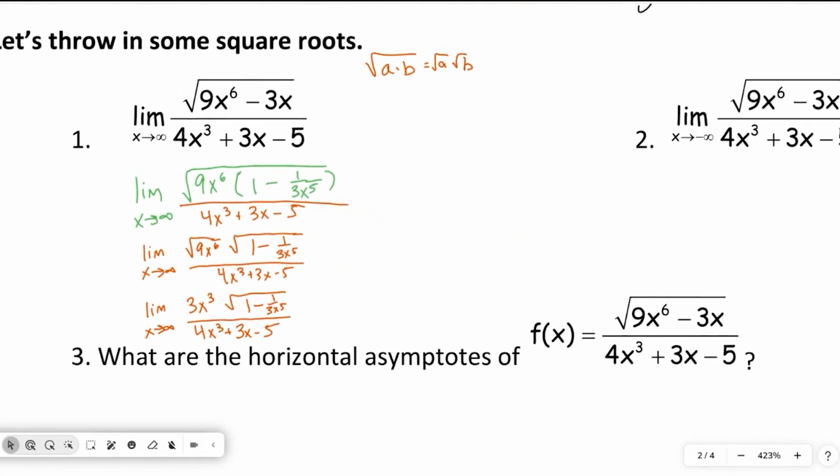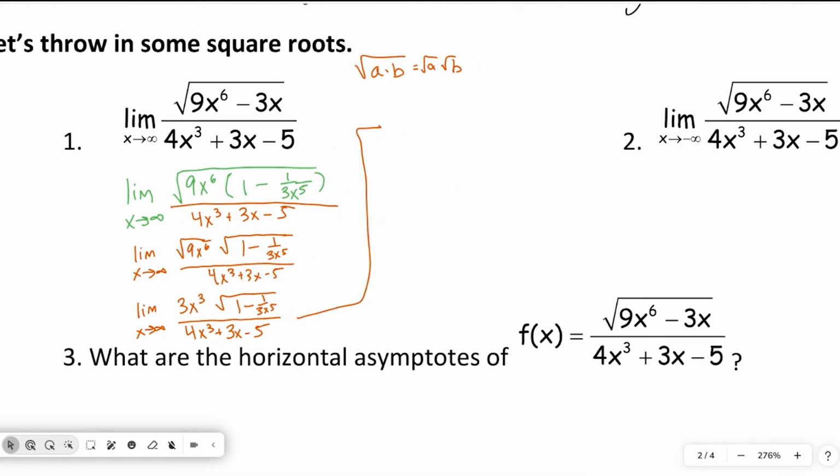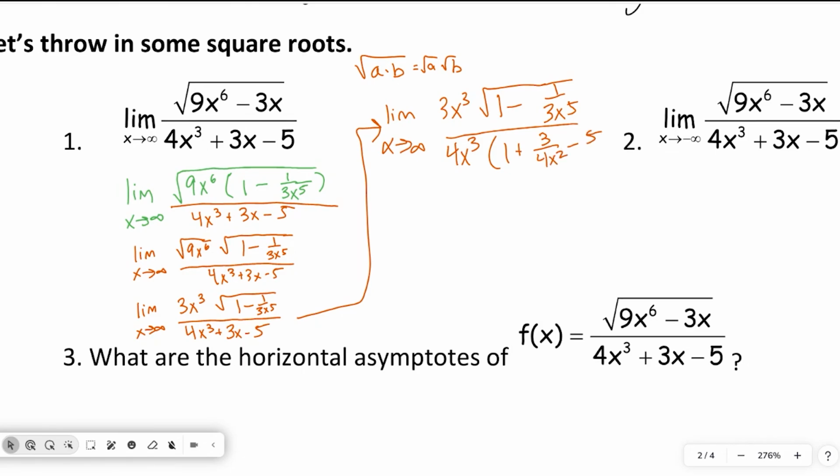So the limit, as x approaches infinity, of 3x cubed times root 1 minus 1 over 3x to the 5th over, you know what, let's take out the 4x cubed. I think it might make it easier if we do it that way. So this would be 3 over 4x squared minus 5 over 4x cubed.